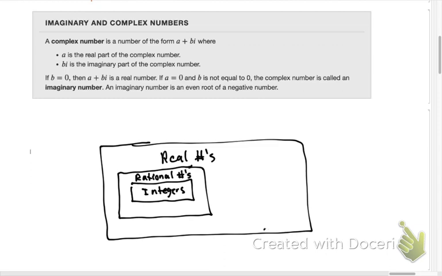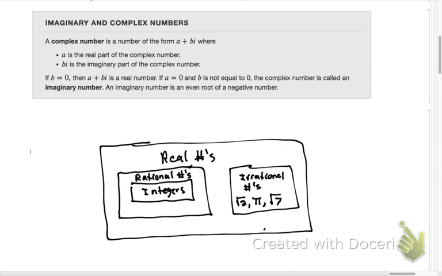These would be your fractions, like 3/2, -5/2. So anything that can be written as a fraction is a rational number. And it turns out that whole numbers are also rational because the number 2 can be written as the fraction 2 divided by 1. And then you also have what are called irrational numbers. Some examples there would be square root of 2, pi, square root of 7. Anything that cannot be expressed as a fraction or an integer.